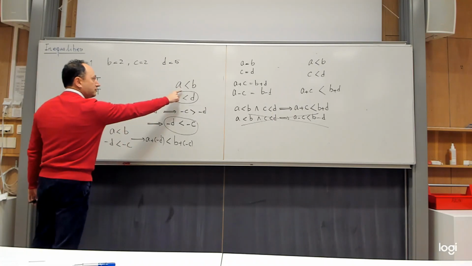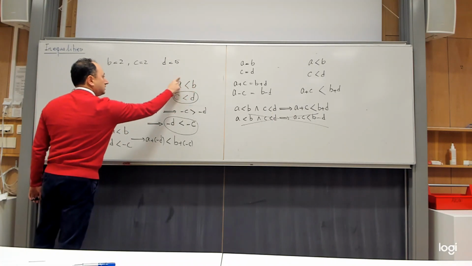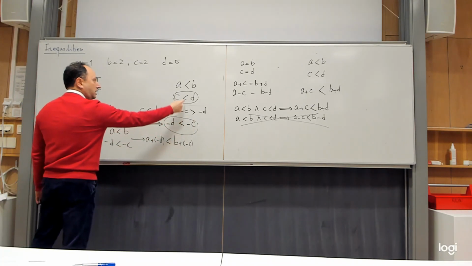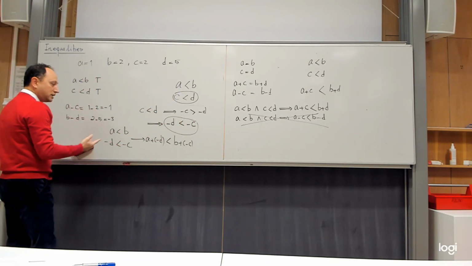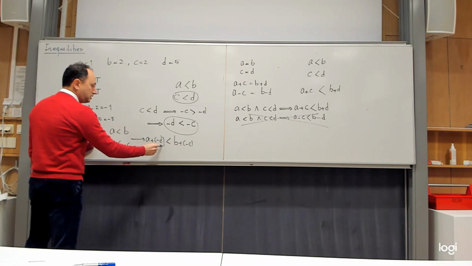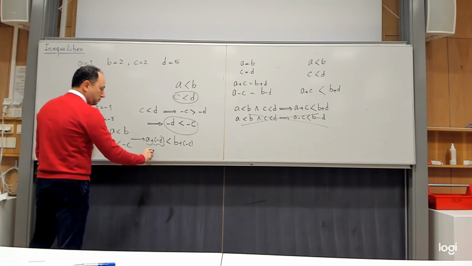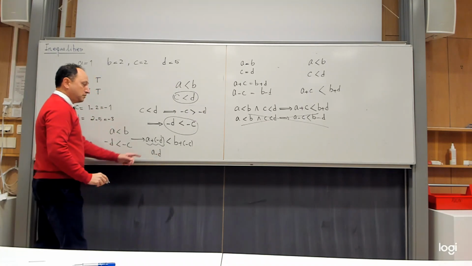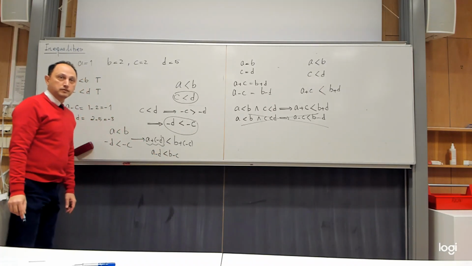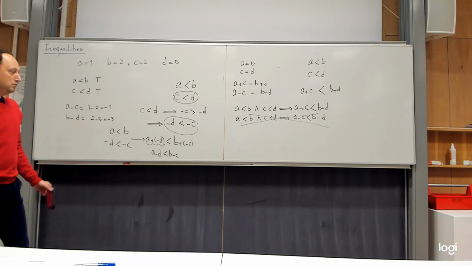And now I have one inequality here, another inequality here with the same sign. I can add them side by side. Yes? And then what is a better name for this? Is A minus D. What is a better name for that? Is B minus C. So this means that this is a little bit complicated story.